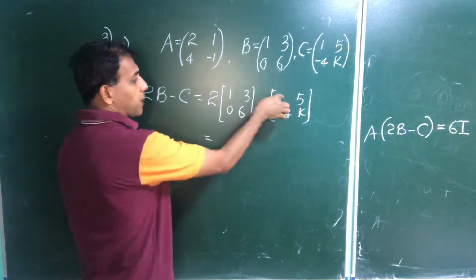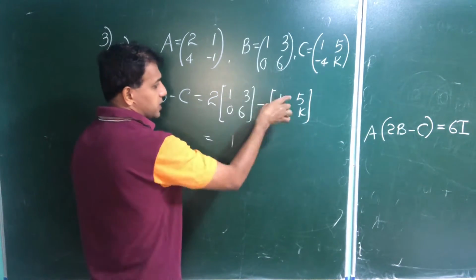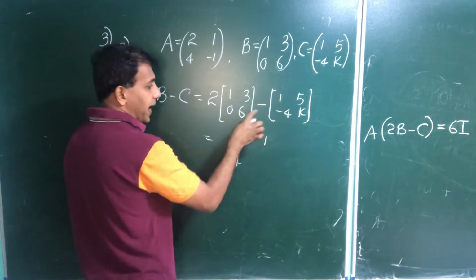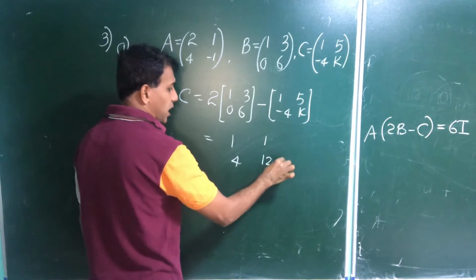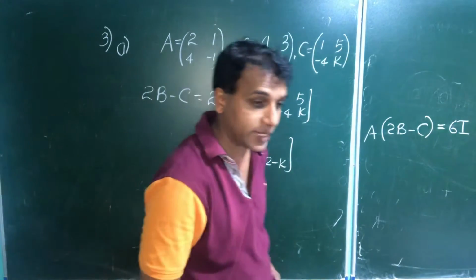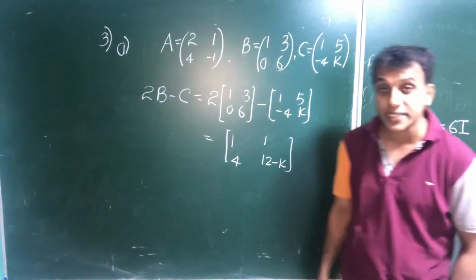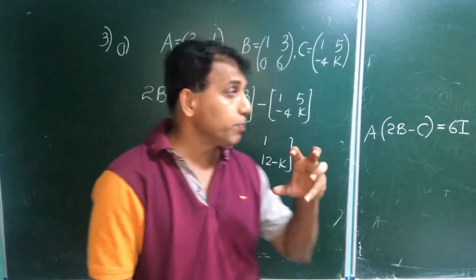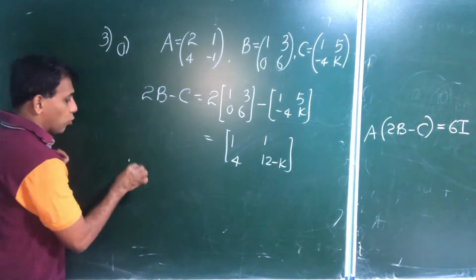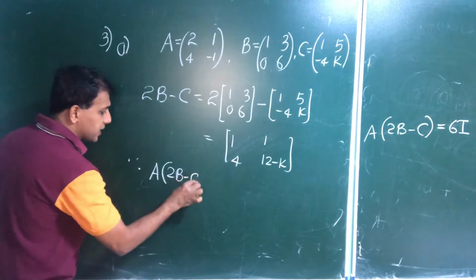1 times 2 subtract 1, that is 1, right? Here 6 minus 5, that is 6 plus 5... Here 0, then plus 4. Here 12 minus K, right? This is the matrix 2B minus C: 1, 1, 4, 12 minus K. Hereafter multiply this matrix by the matrix A. So what is A into 2B minus C?